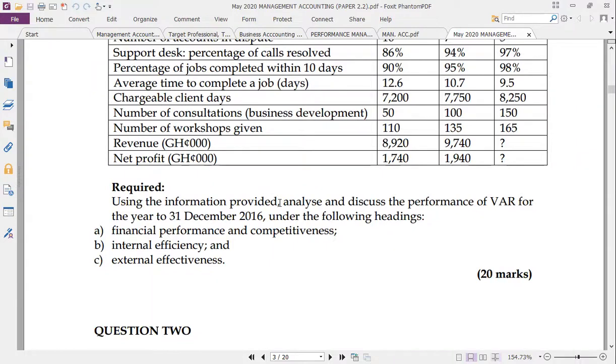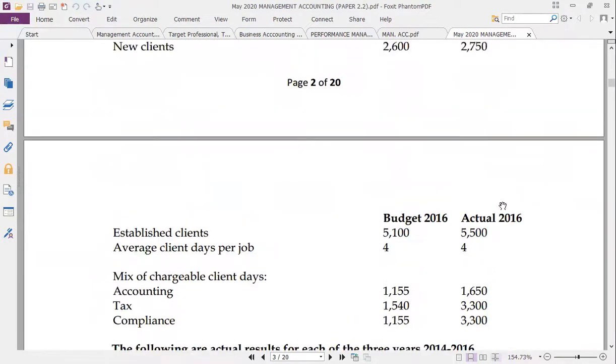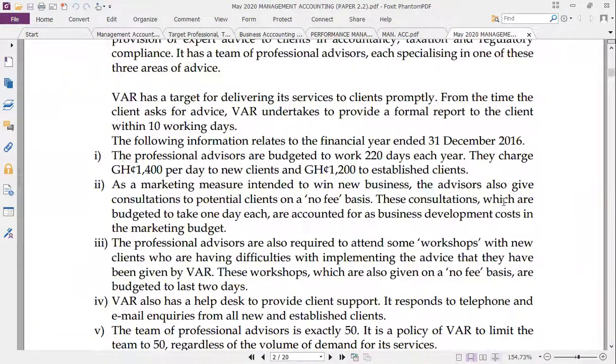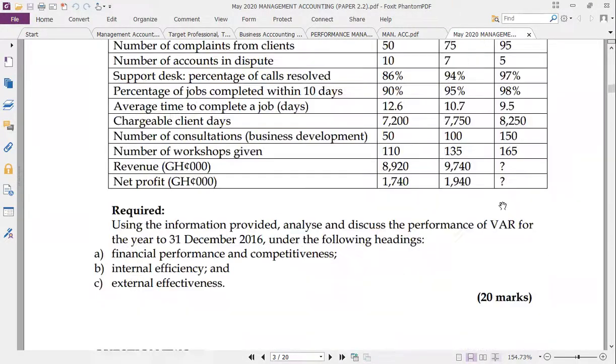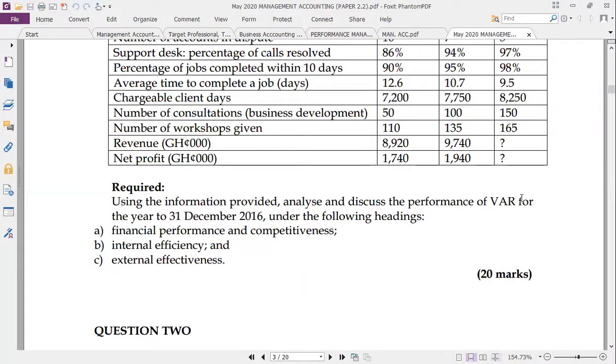Using the information provided, analyze and discuss the performance of Voter Advisory Limited for the year ended 31st December 2016, under the following headings.